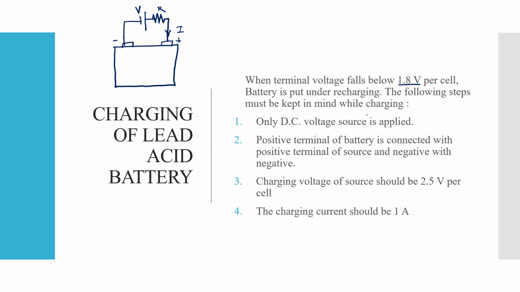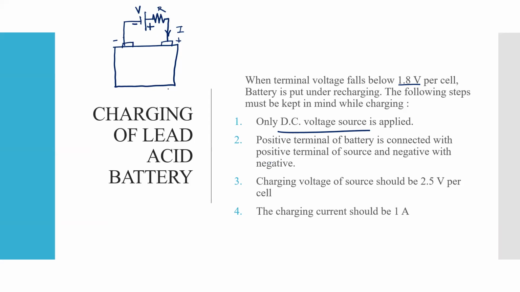Now remember, whenever we are charging the battery, only a DC voltage source should be applied, not an AC. AC can never charge the battery. Positive terminal of the battery is connected to the positive terminal of the source, and negative terminal of the battery is connected with the negative terminal of the source.